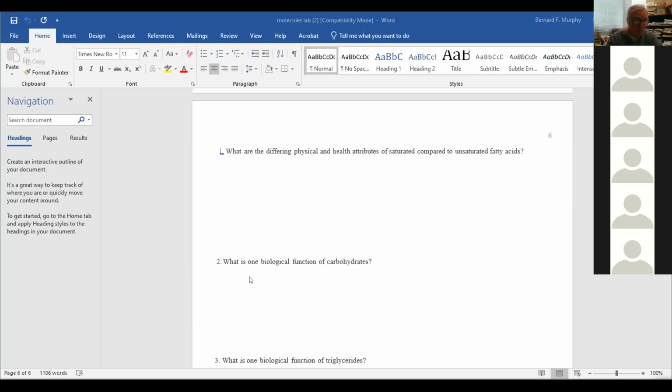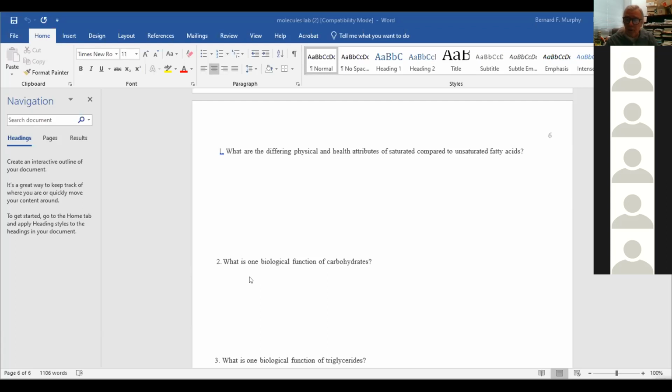But what is one biological function of carbohydrates? What do we say carbs do for us? They provide energy through glucose. Right, and when you think of sugar, you think of quick energy, right?